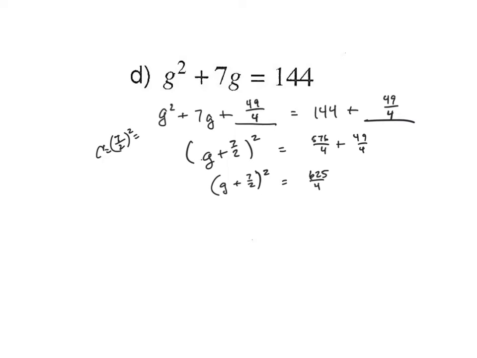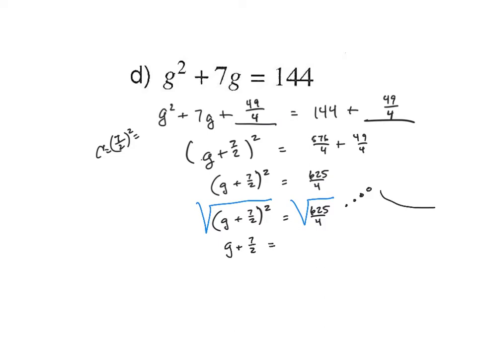Then I can go ahead and find the square root of both sides. My left-hand side becomes g plus 7 halves equals, remember, the square root of 625 over the square root of 4, which is 25 over 2. So that is going to be equal to plus or minus 25 over 2.